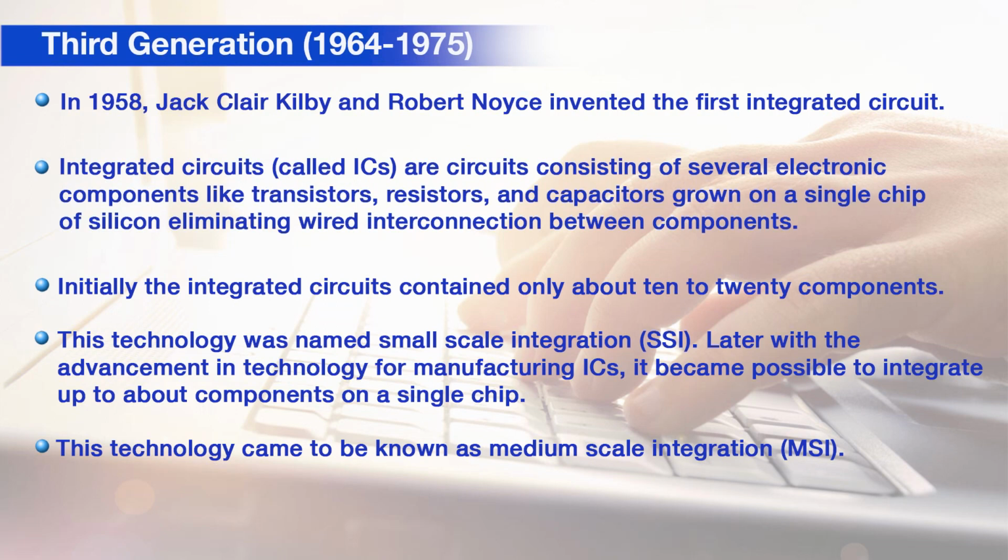Initially, the integrated circuits contained only about 10 to 20 components. This technology was named small scale integration, SSI. Later, with the advancement in technology for manufacturing ICs, it became possible to integrate many more components on a single chip. This technology came to be known as medium scale integration.